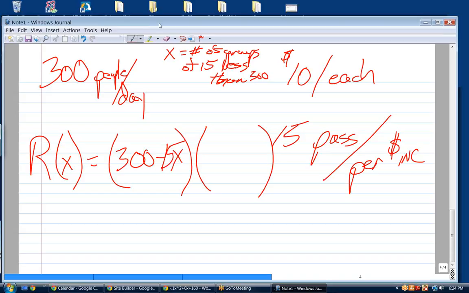Why would it be? Let's just go back and change that to the number of people less than 300. And then the total number of people is going to be 300 minus x. Let me think for a moment. Each one of them is going to pay what?